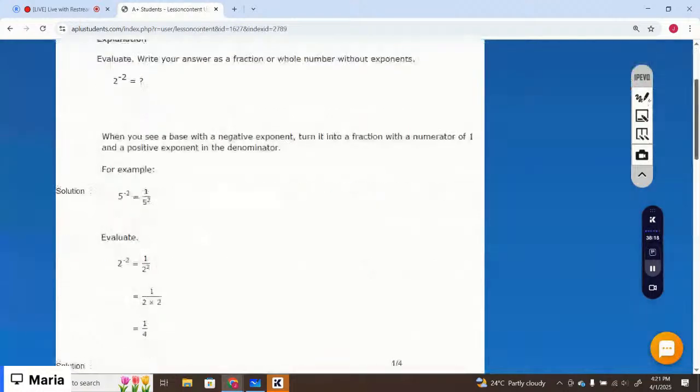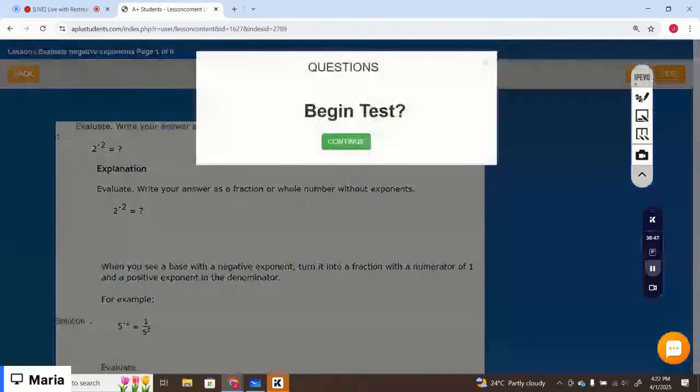We can make the exponent positive by writing it in the denominator: 1 divided by 2 squared. That is 1 divided by 2 times 2, that is 1 over 4. Let's just start with the test questions.